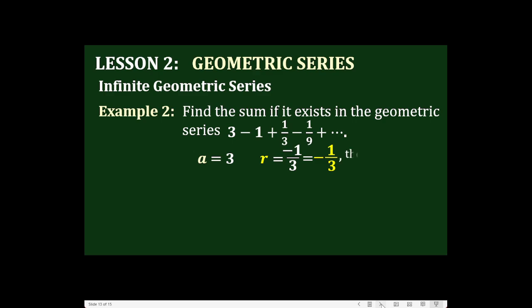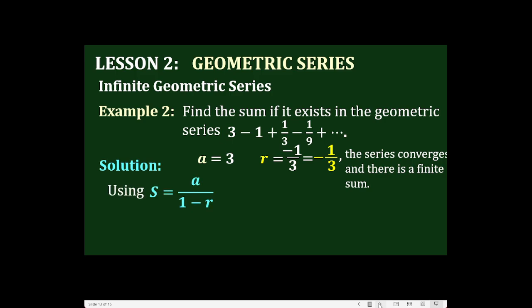Therefore, just like in example number 1, this series converges and the sum exists. There is a finite sum. So we can now proceed to compute the value of S, or the sum, using the same formula, S equals A over the quantity 1 minus R. Substituting the values, that is 3 all over the quantity 1 minus -1/3.